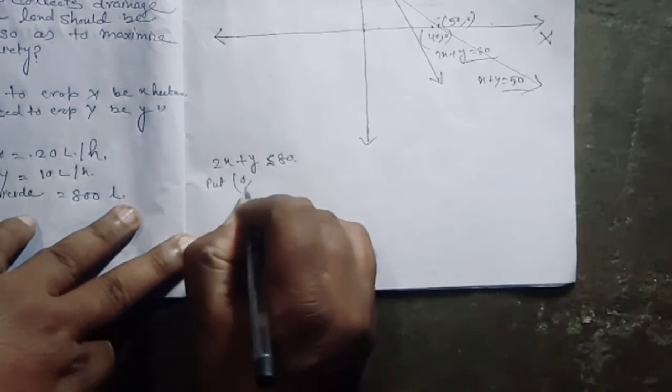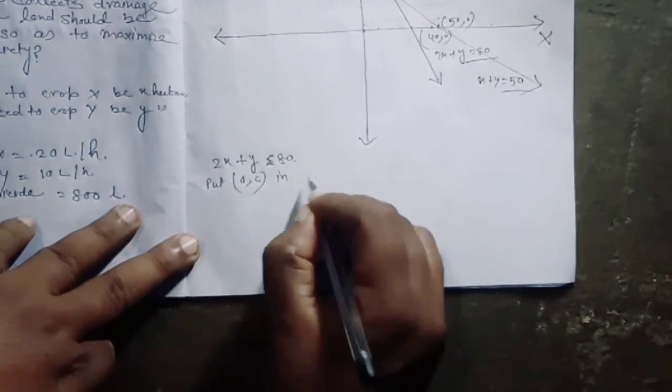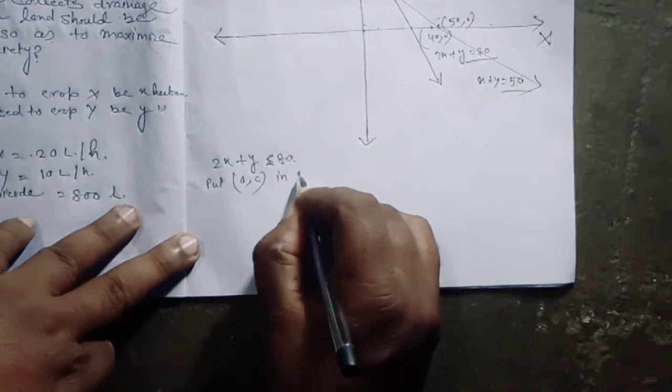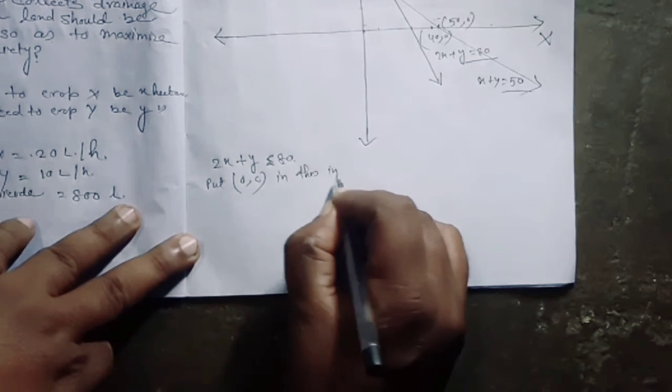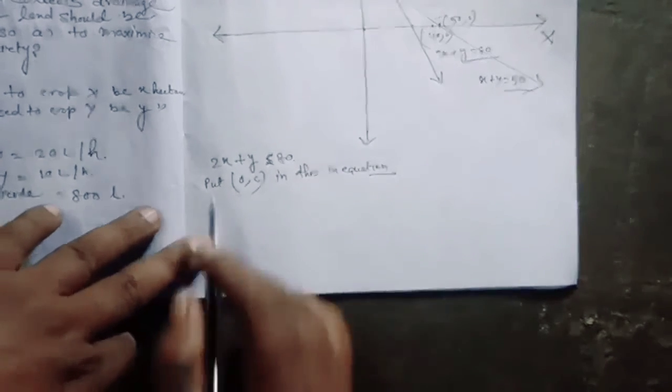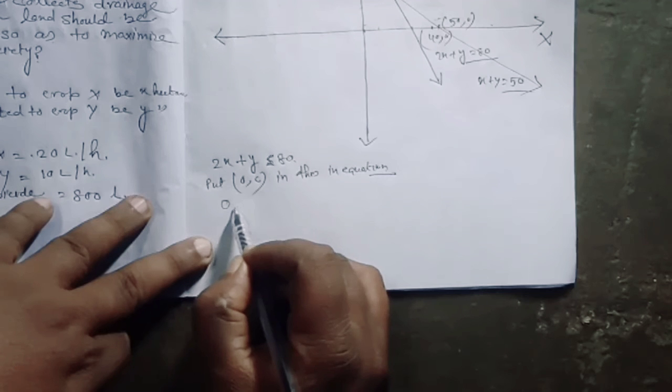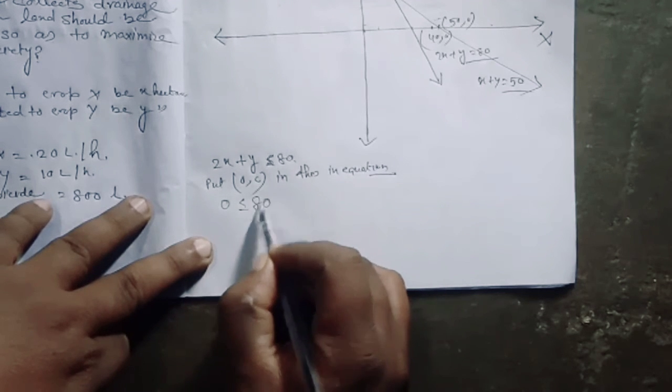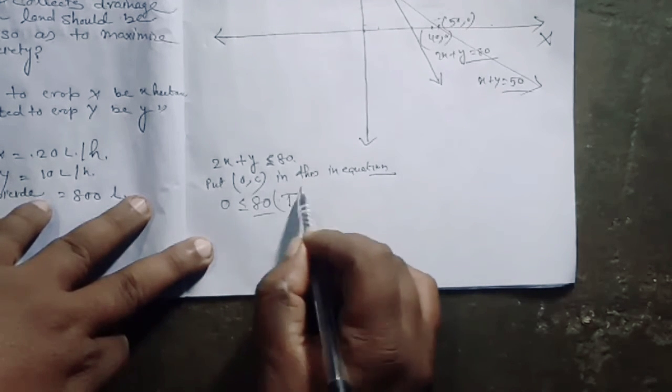Put 0 comma 0 in this inequation. What we get? 0 less than or equal to 80. It is true.